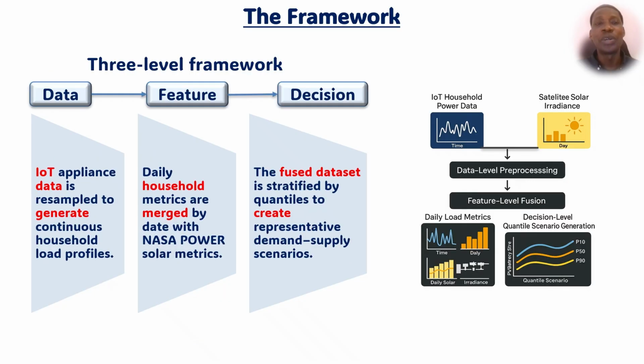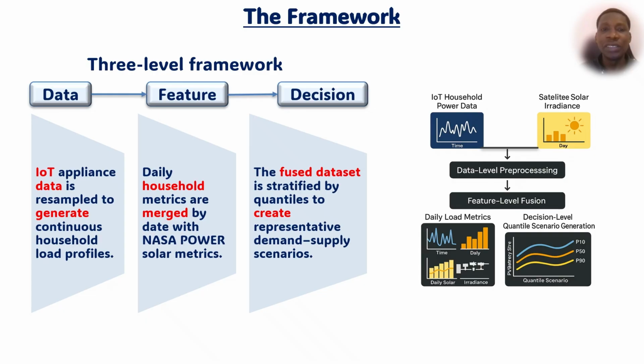Three levels of the framework were identified in the study: the data level, the feature level, and the decision level. At the data level, the IoT data is sampled to generate a continuous household load profile, and the features encompass daily household metrics that are merged by date with NASA POWER solar metrics.